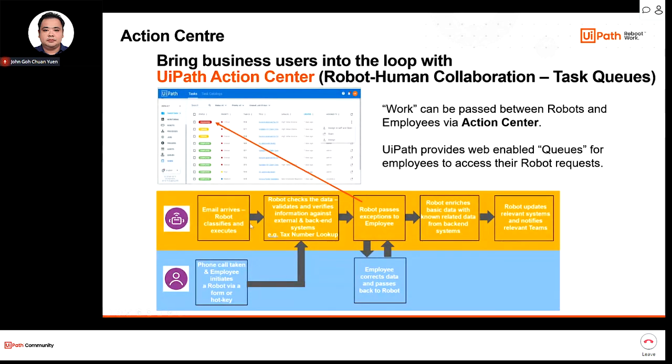The robot was processing halfway and needs an exception from the employee, in this case the reporting officer. Once they provide their approval, the robot will continue to work. So this is the typical use case for Action Center.